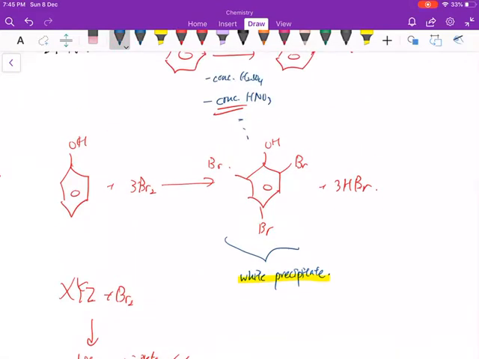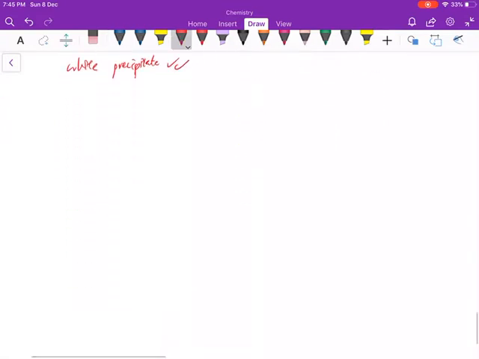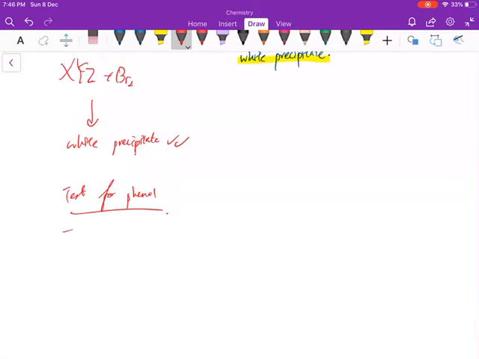So that is really what I want to say. And to finish off, I would like you to know how to test for phenol, which I said a few seconds ago. To use bromine, if there's a positive result, it would be a white precipitate.